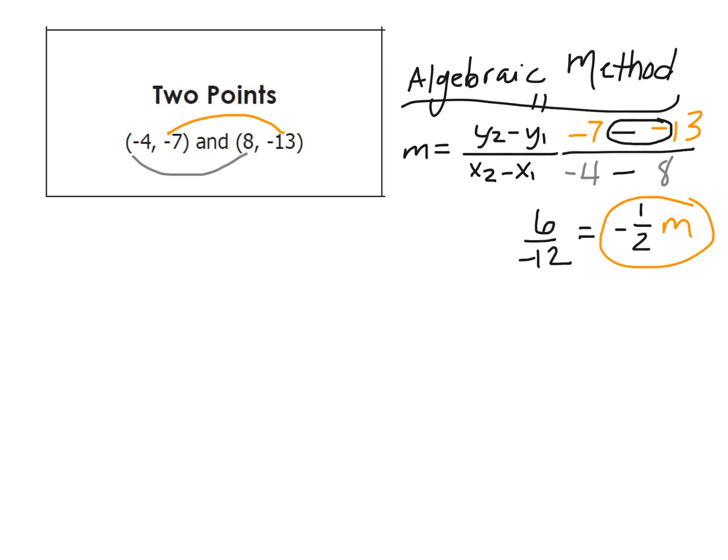Okay, next I need to use my slope. So m is -1/2. And then I need to use an ordered pair. I always pick the second one, so let's just use that. Be sure that you identify the x value and the y value in the ordered pair.